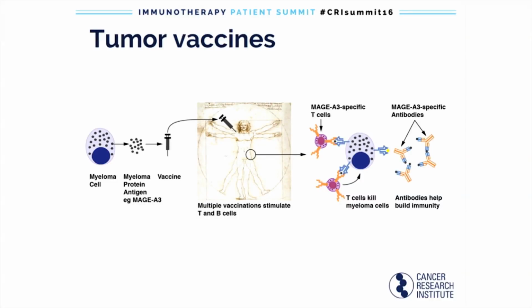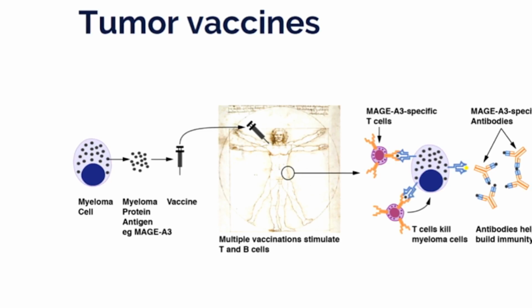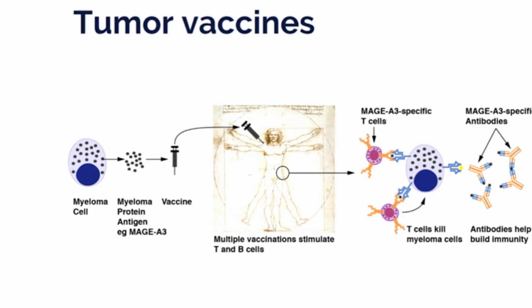So tumor vaccines are designed to train your immune system, to train your T cells to recognize cancer cells. So in this context, we will try to isolate proteins or antigens that are relatively specific to tumors. In this example, myeloma cells express a protein called MAGE-A3, which is relatively specific to the cancer.